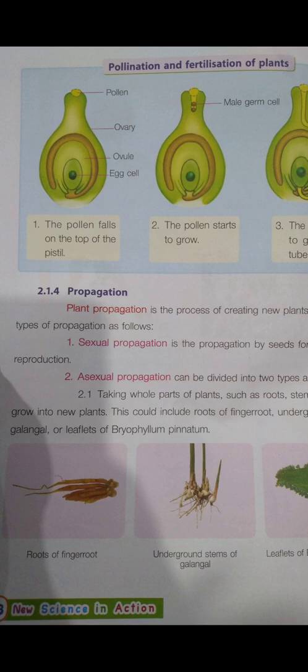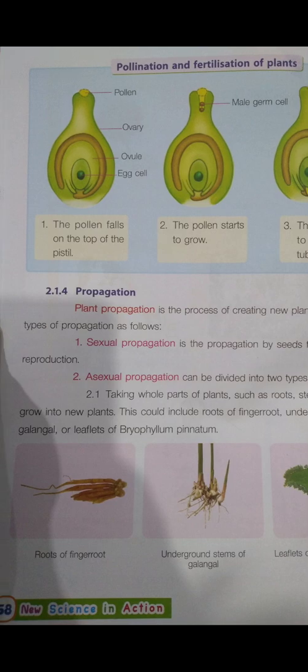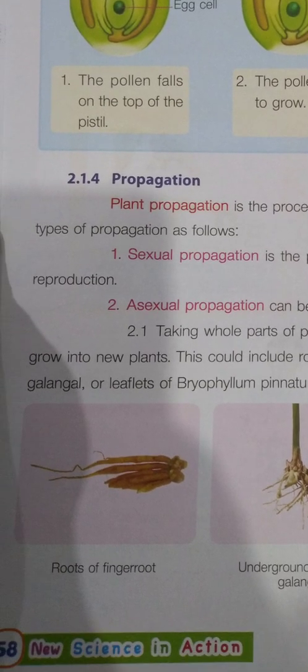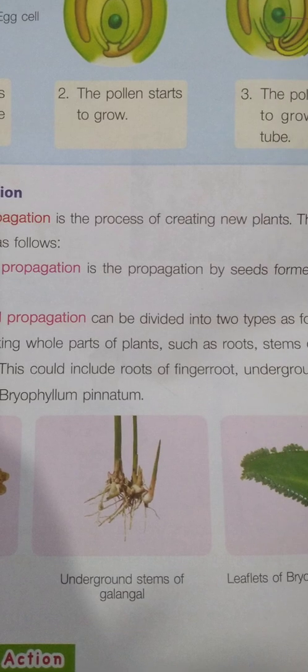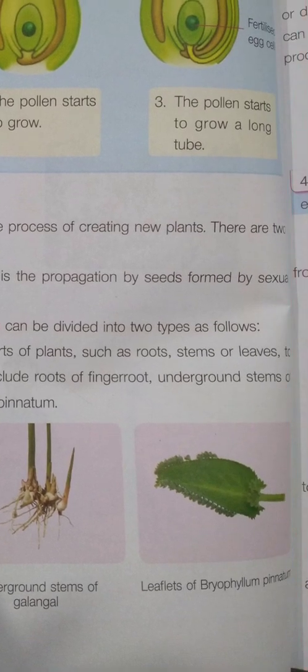This could include roots of finger root, underground stems of galangal, or leaflets of Bryophyllum pinnatum. So here is the asexual reproduction.